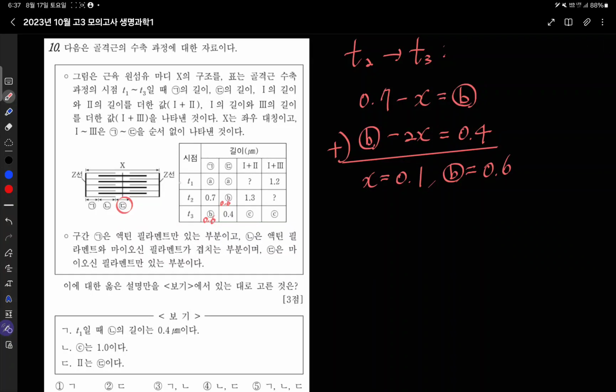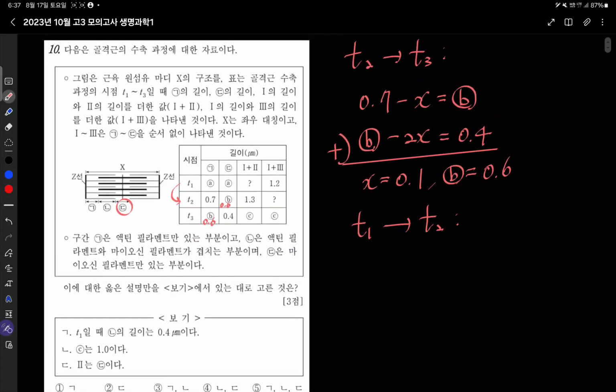And likewise, let's say from T1 to T2, the muscle contracts with the amount of y. So for the first part, if we subtract y from length A, it becomes 0.7.